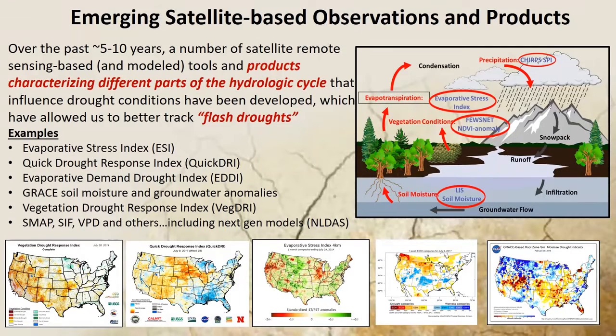These tools I'm speaking about are not only using our existing in situ networks, but also augmenting those, especially in data poor areas, with new remotely sensed products. And I've just included a few down here at the bottom of the screen, with the goal of capturing more of the hydrologic cycle.